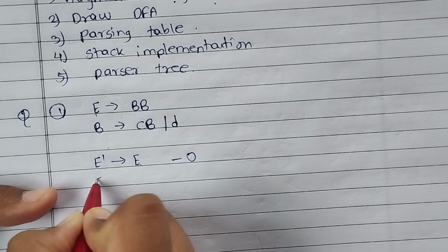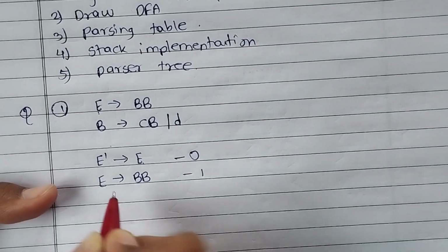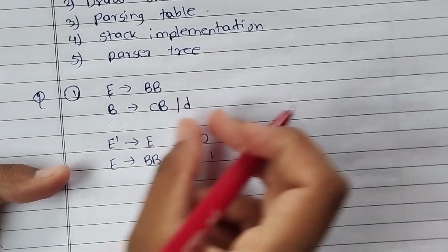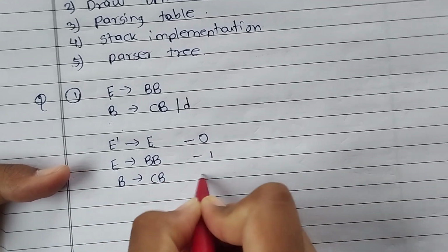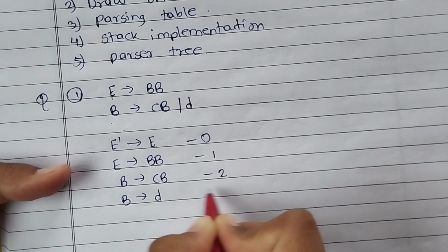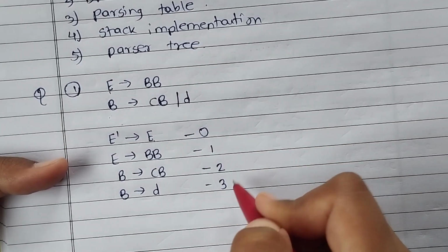Second, E → BB, numbering is 1. Now B produces two symbols. So B → CB is the second grammar and B → D is the third one. In this way we number it.